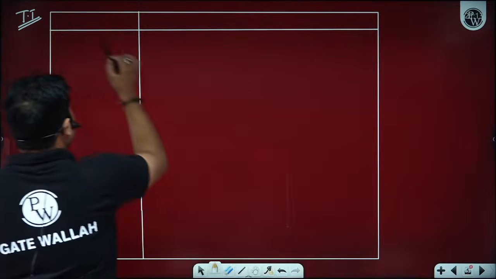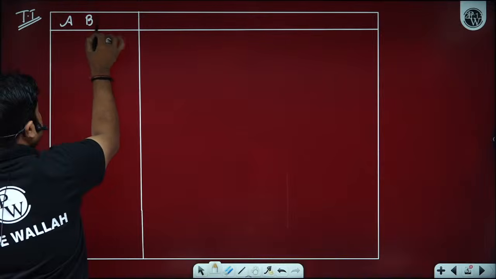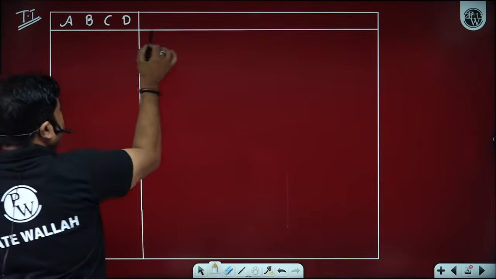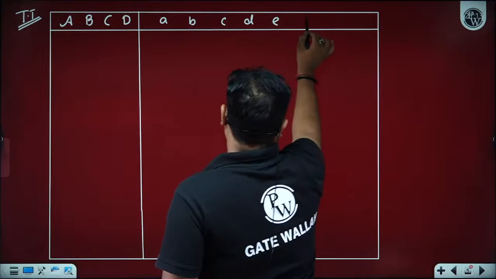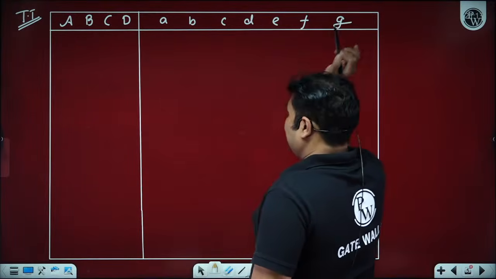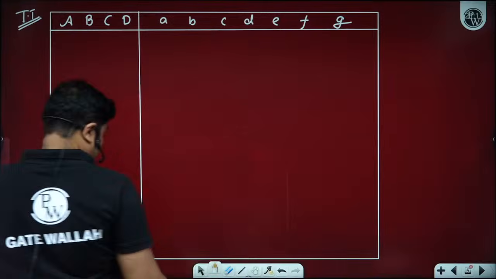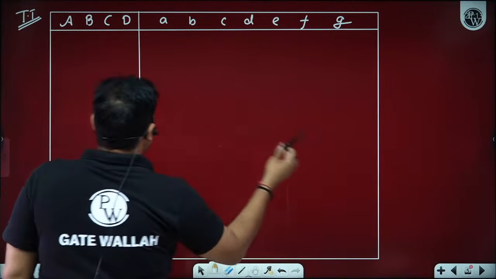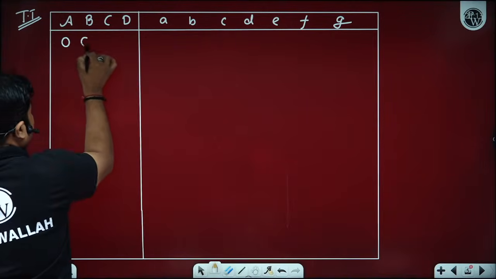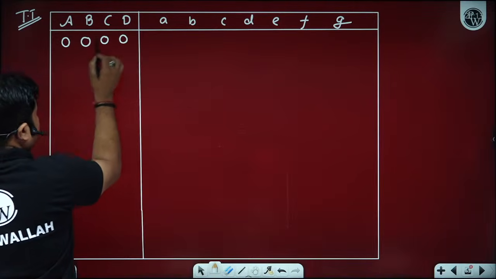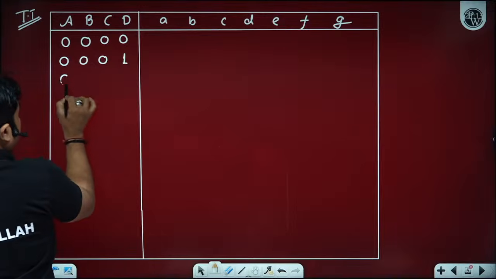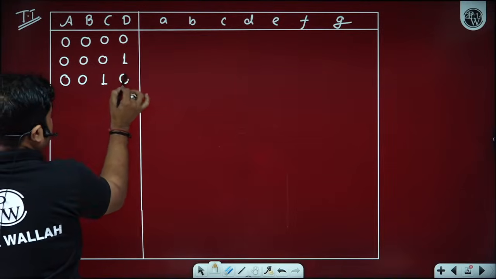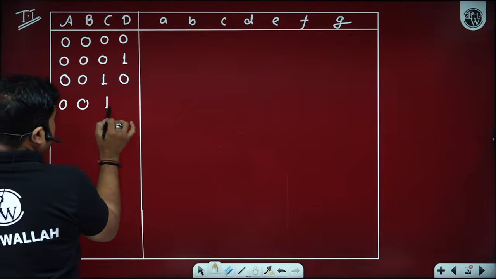Okay. So A, B, C, D is the BCD input. We have outputs A, B, C, D, E, F, and G. Is it okay? Sir, we may get 0, 0, 0, 0 as the input to the decoder, then 0, 0, 0, 1. BCD is from 0 to 9. Yes, sir.